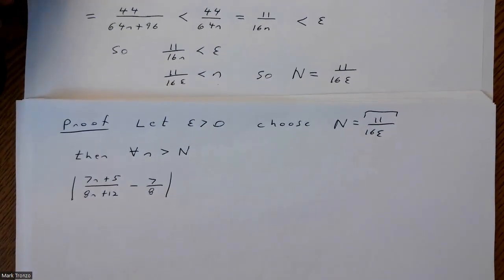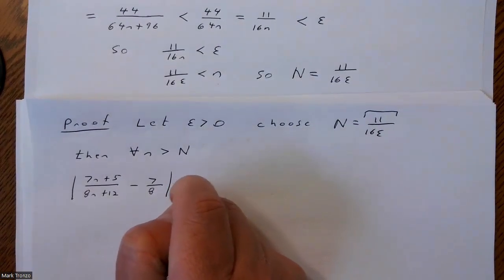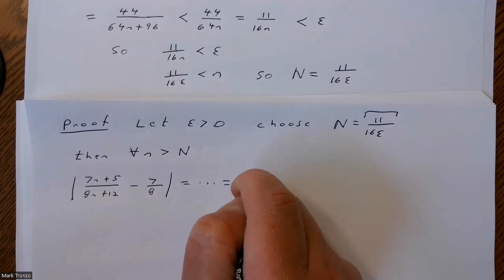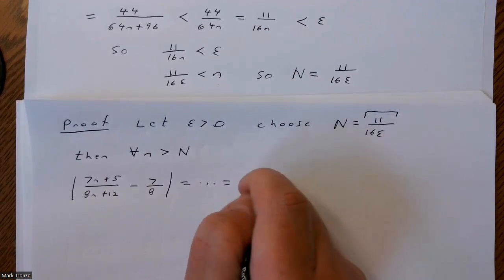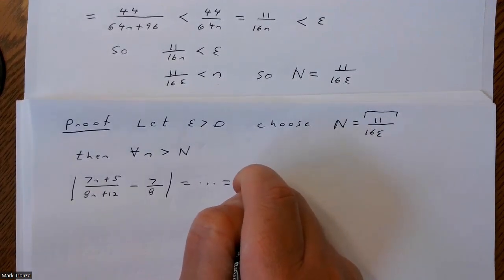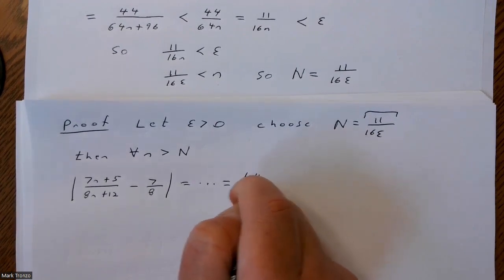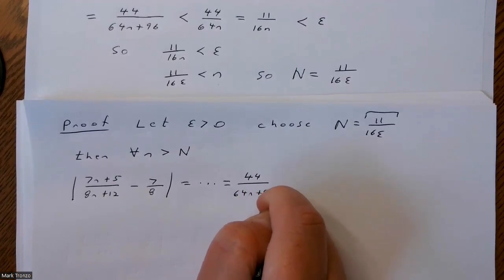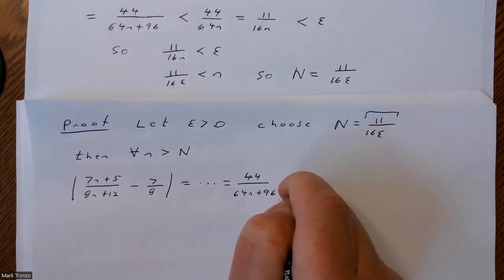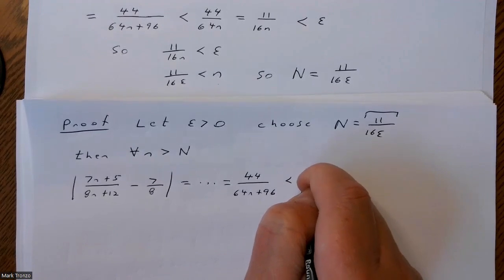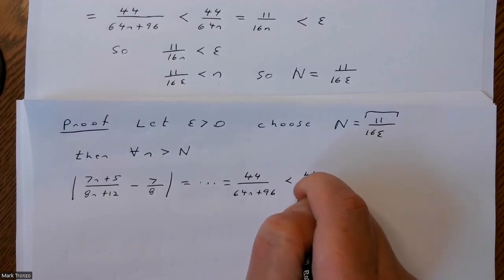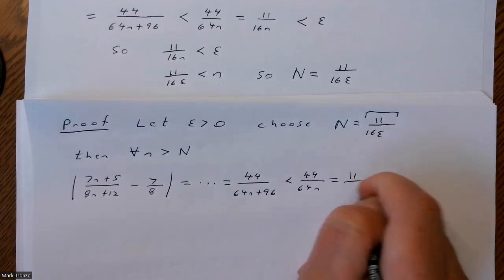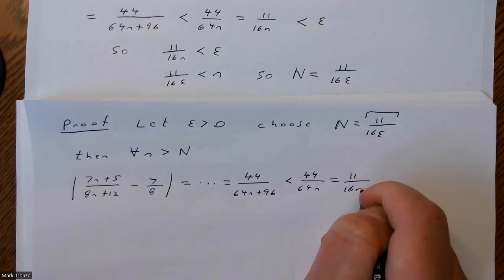You can maybe say, this is going to be equal to maybe like this, 44. Again, if you include your scratch work, you can do something like this. And then this is going to be less than 44 over 64n, which equals 11/16n.